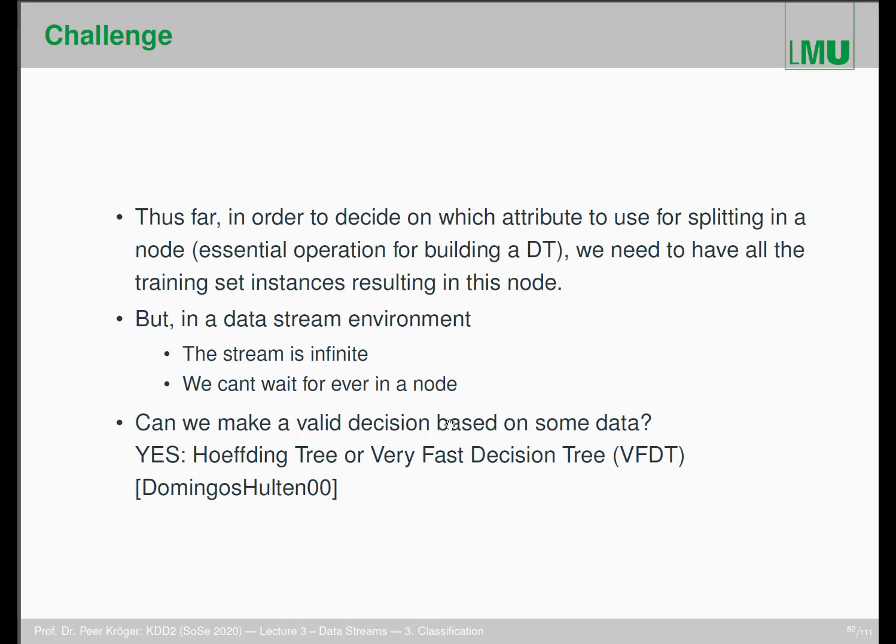So the question is, how many data observations are necessary to make a valid decision for some split in some node? And yes, we can do that, and I told you before that that is based on the so-called Hoeffding bound, and the resulting techniques, there are several variants of that, are called the Hoeffding tree family.